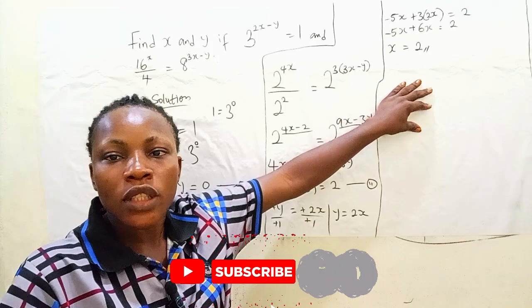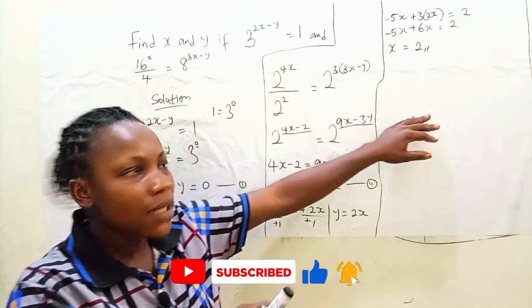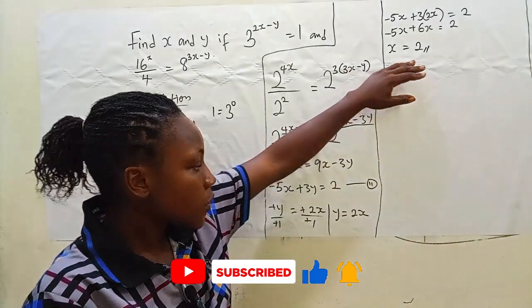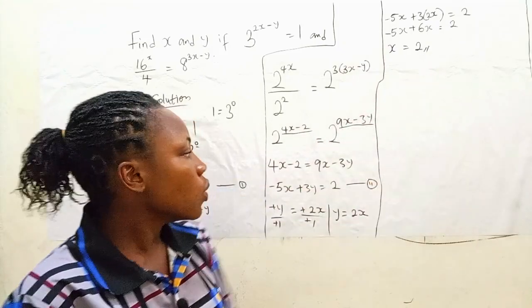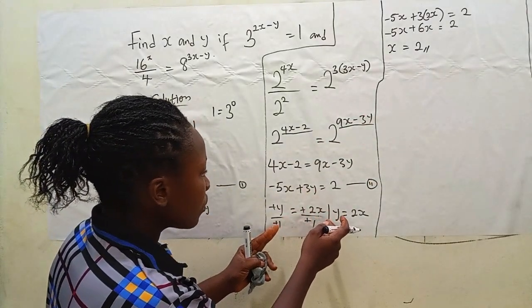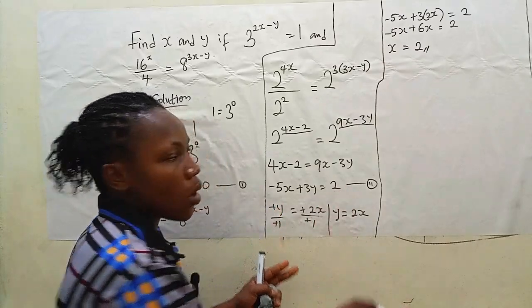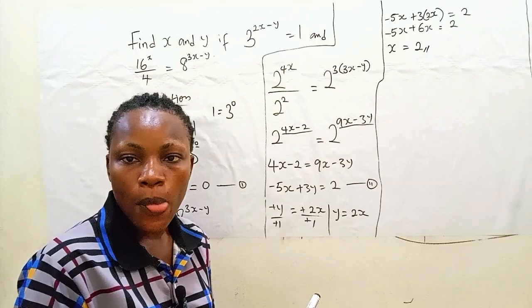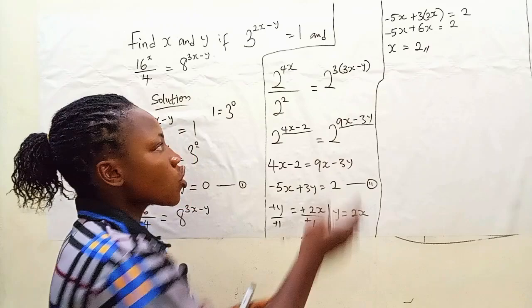So what we're to do next is to find the value of our y by substituting for x as 2 in either equation 1 or in equation 2. All right, so we are using equation 2.